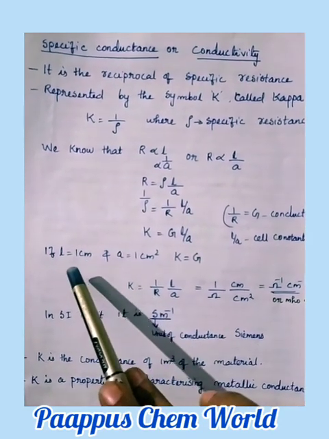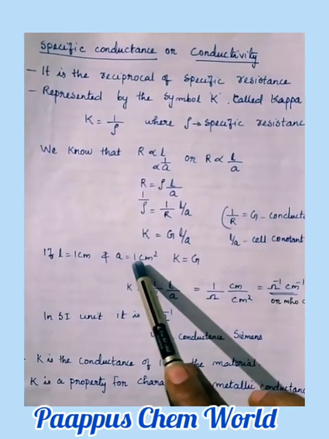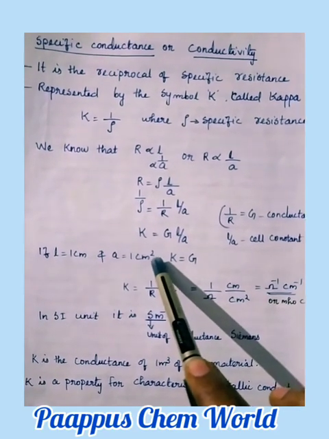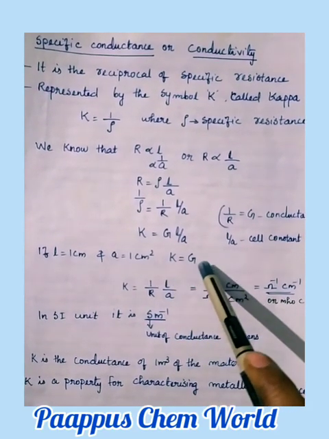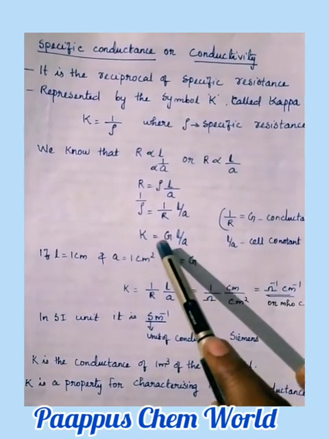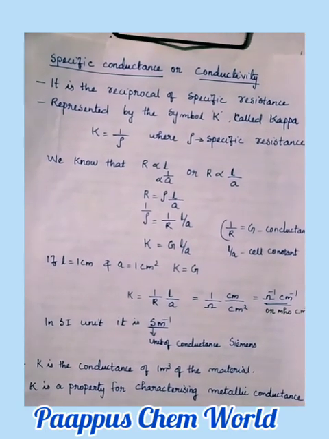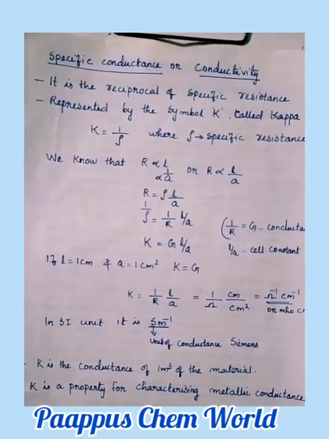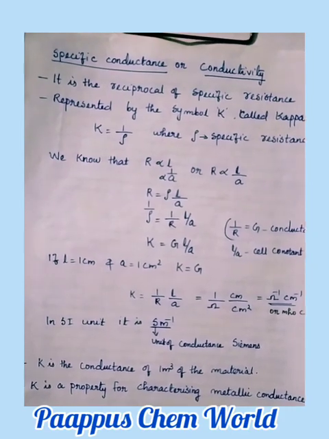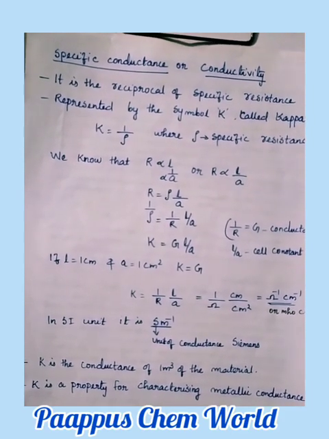When the length of the conductor is 1 centimeter and the area of cross-section is 1 centimeter square, then K becomes equal to G. That means the specific conductance or conductivity is the conductance of the column of unit length and unit area of cross section.